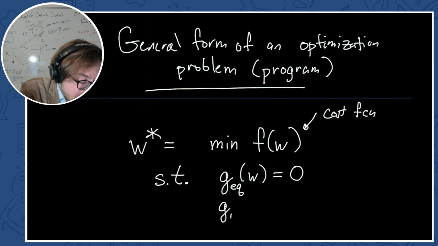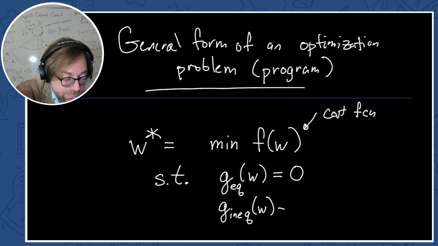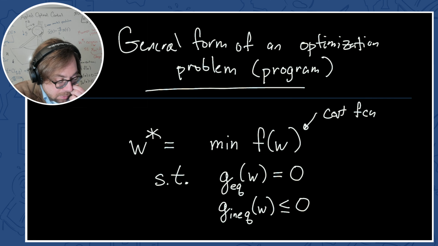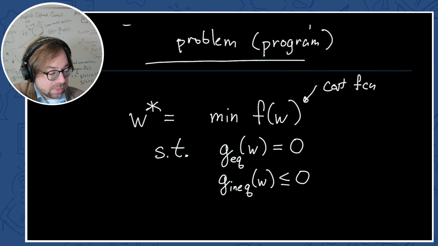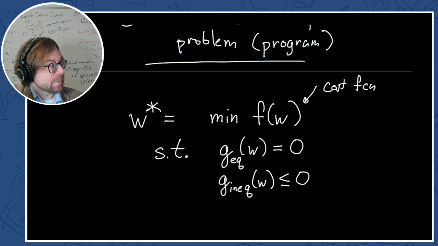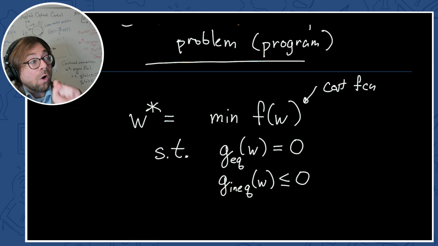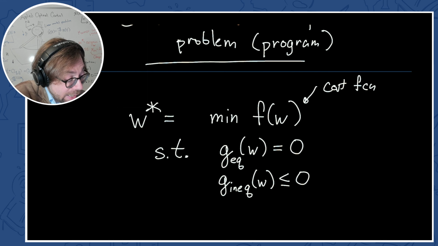And if we have any inequality constraints of w, they must be what, friends? They must be less than or equal to 0. Great. This is what it looks like to write an optimization problem in math. Almost, because we have this little blank here.